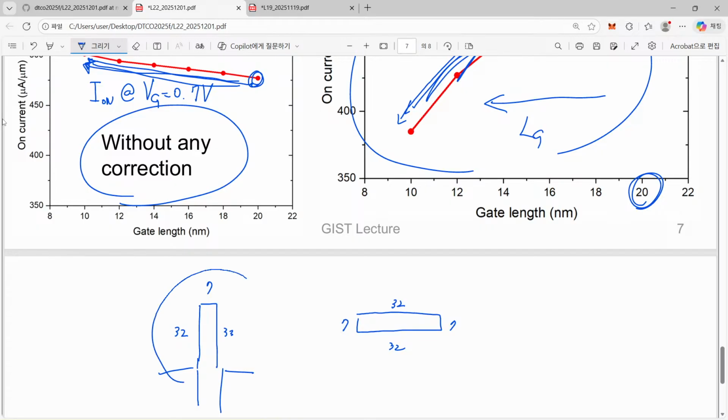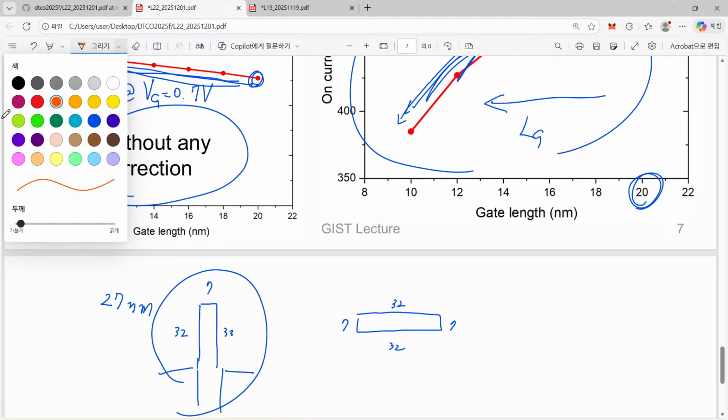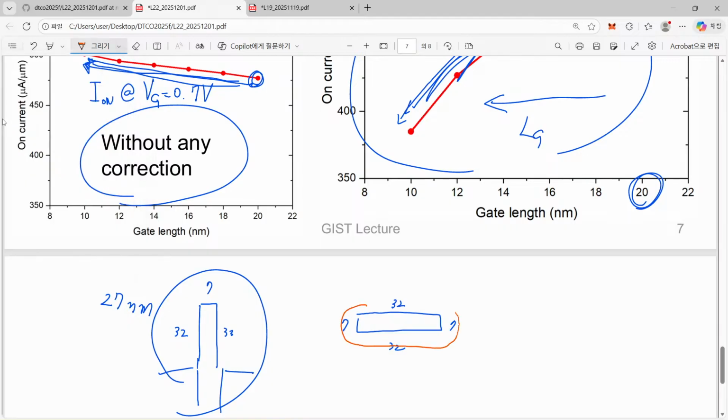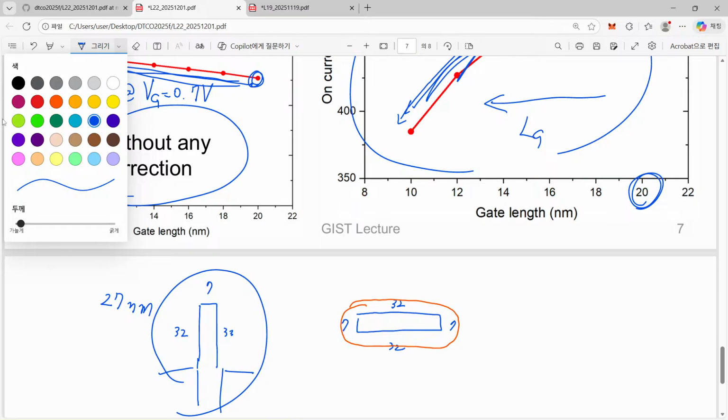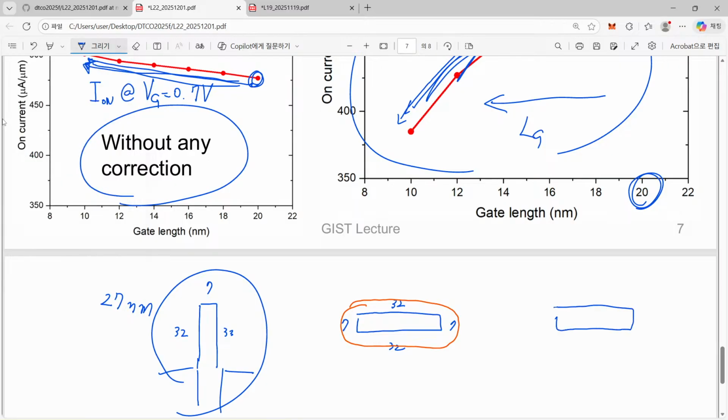This one consumes only a 27 nanometer fin pitch, and this one already consumes 32, and also we need to introduce a certain range for covering this metal, and also in order to introduce another stack here, so this is a parallel one, we have to introduce certain distances between them.